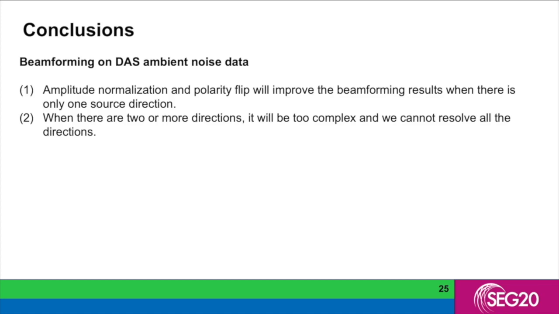So we normalize the data using amplitude ratio and remove the polarity reversal from the data before applying beamforming to the data. And in this way, beamforming results are reliable when there is only one source direction. However, when there are two or more directions, it will be too complex and the results may not be reliable.